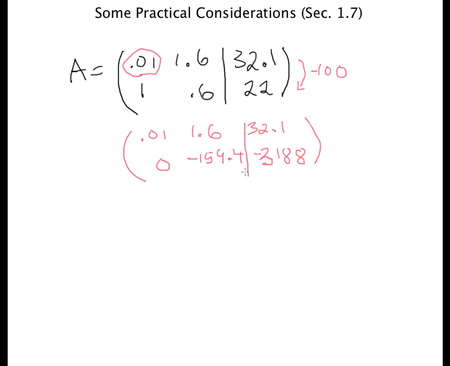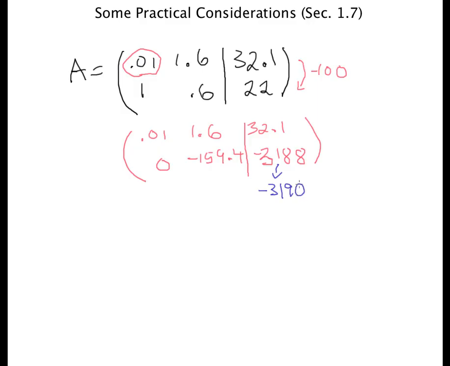Okay, well, that's not terrible, but those are fairly big numbers, and when you work this out to get the answer, what you get is the following. Well, here's the scary thing. Suppose that I'm lazy, and instead of using 3188, I just rounded it off to 3190.